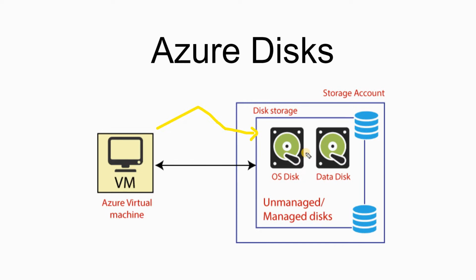The reason is that VMs can be corrupted or can be non-functional for a few reasons, and at that point of time, when we want the data, we might not be in a position to access it, because the OS disk is the main functionality of the virtual machine for accessing data. And when we are not able to log in, we will not be able to access the OS disk.